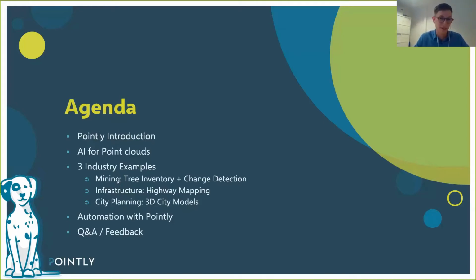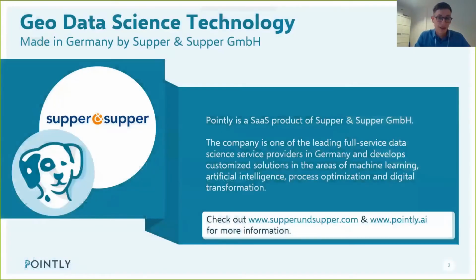For the beginning, Supper and Supper is my company, and we are in general a data science service provider and consulting company. We do many different things, everything related to data science and machine learning. And we have a special unit or team for Geo AI.